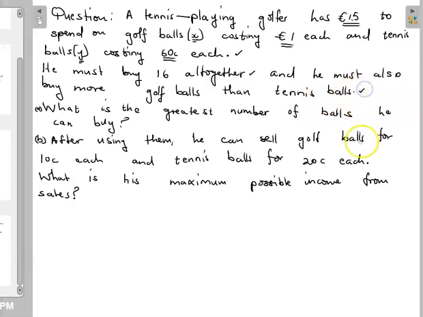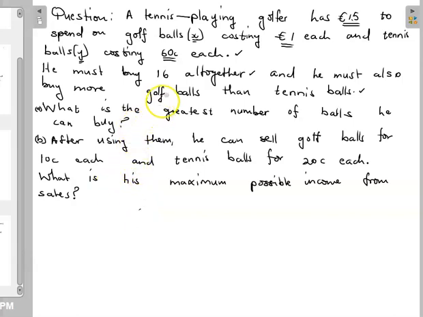That's another inequality. We will deal with those first and then come back to the questions. What is the greatest number of balls he can buy? After using them, he can sell golf balls for 10 cents each and tennis balls for 20 cents each. What is his maximum possible income from the sales?